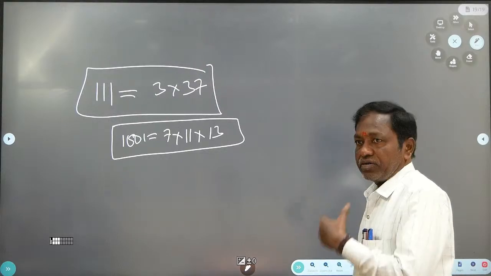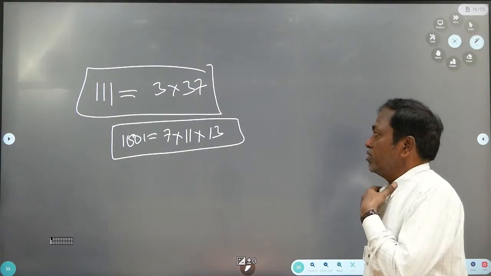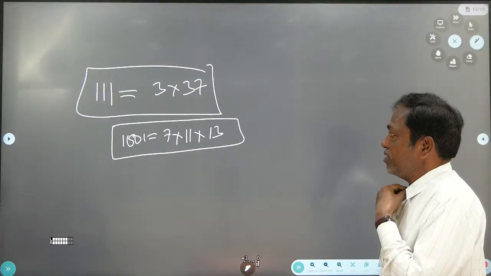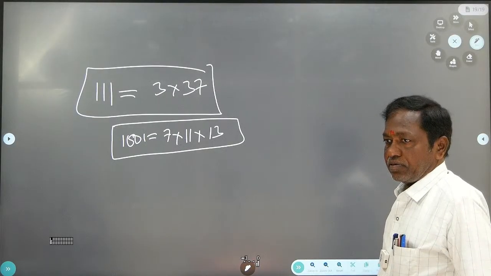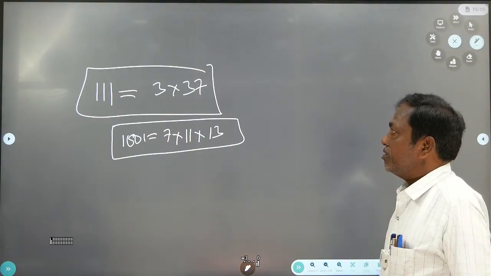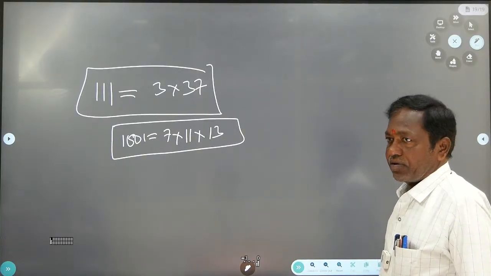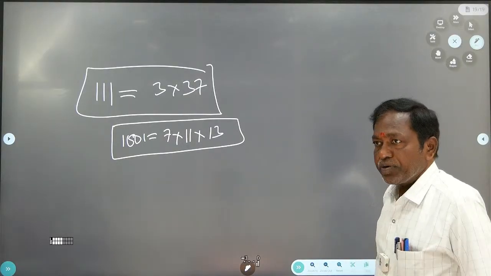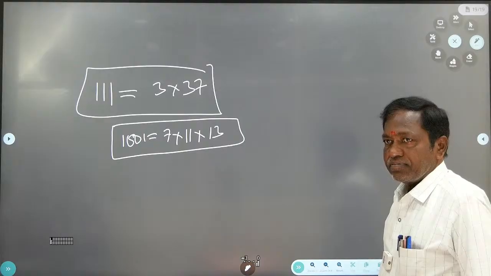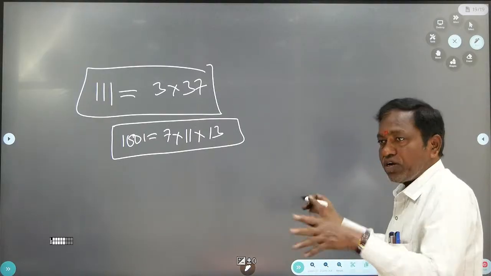Maybe I might have forgotten. 1001 is the product of 7 into 11 into 13. Use the calculator and check. Correct now? Right. These are two fixed properties. Last year these two questions were asked.